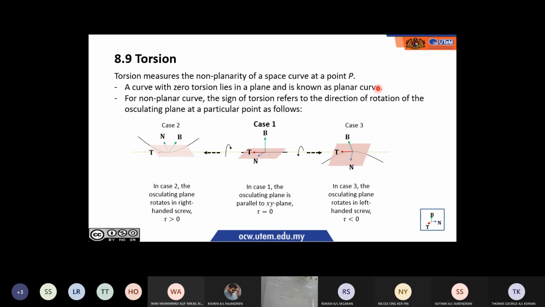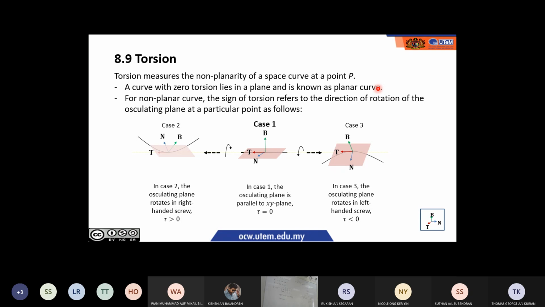The circle, the curvature is not 0, right? A circle has a constant curvature value because at every single point on the circle it has the same value, no matter which point it is.